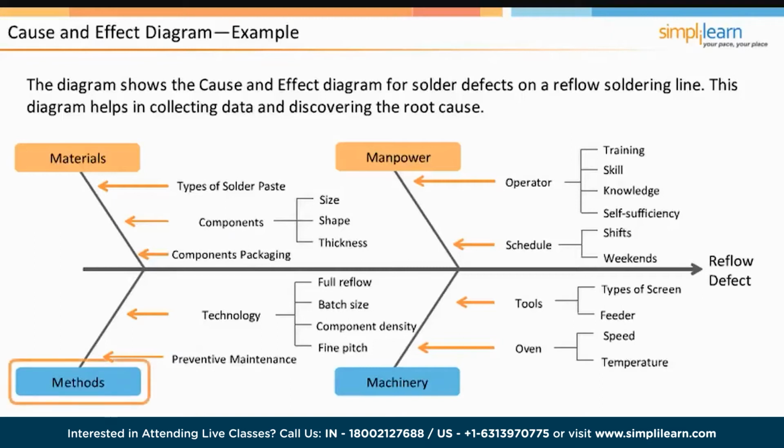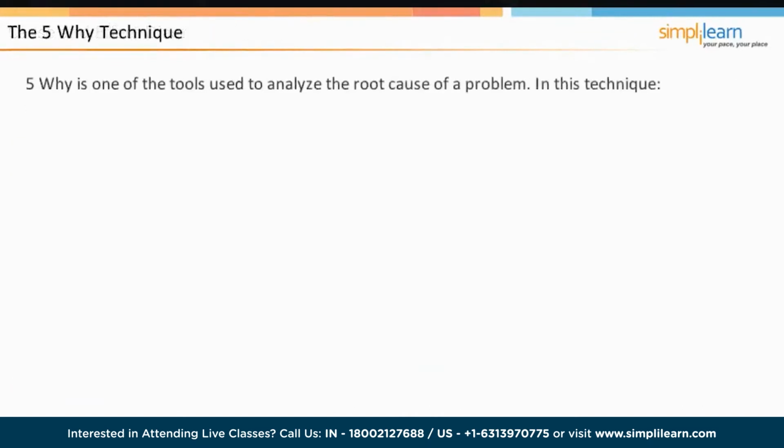The major causes under methods are technology and preventive maintenance. Similarly, operator and schedule are placed under manpower, while tools and oven are grouped under machinery causes. The next screen will discuss another root cause analysis tool in detail.